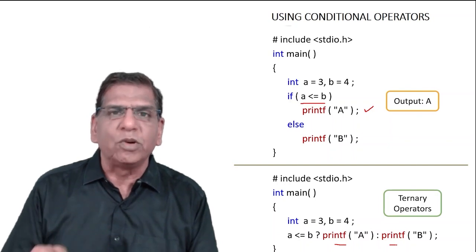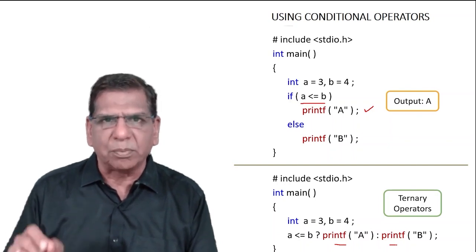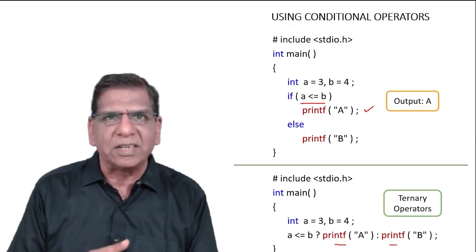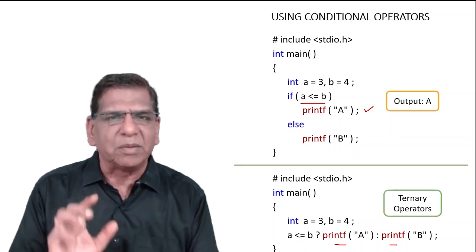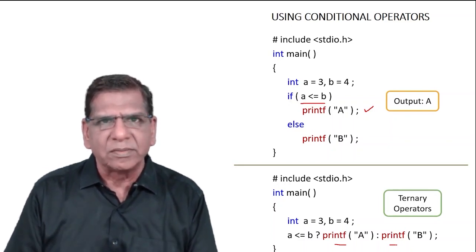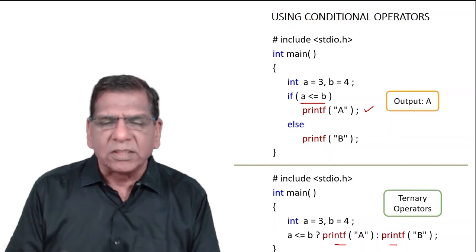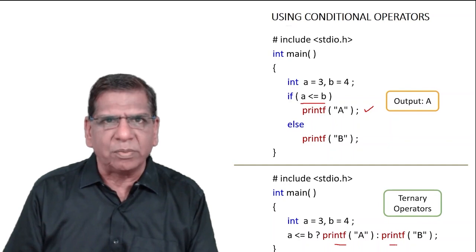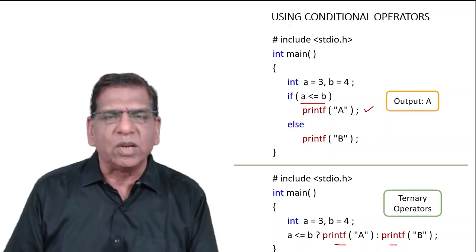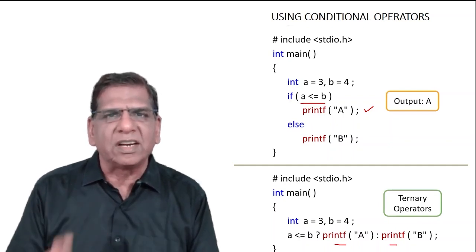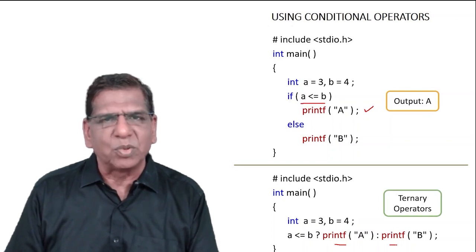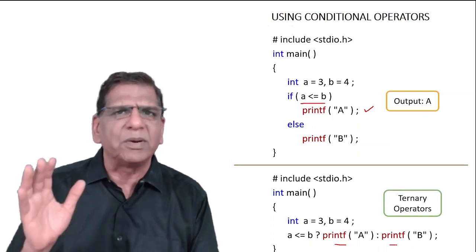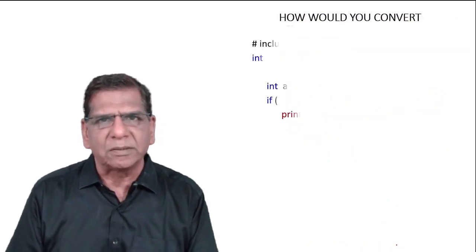But if I say A equal to C plus D, for the plus to work C and D, 2 operands are needed, so that becomes a binary plus. Question mark colon in fact need 3 operands, that's why known as ternary operators. And let me also tell you that these are the only ternary operators available in C programming. All other operators are either unary operators or binary operators.